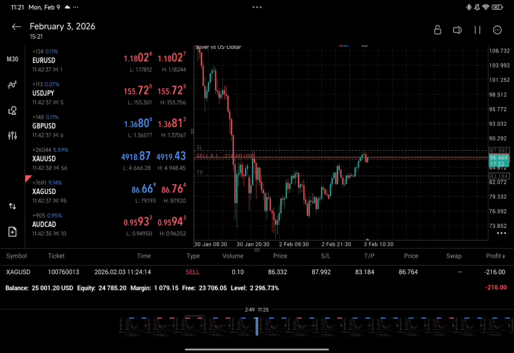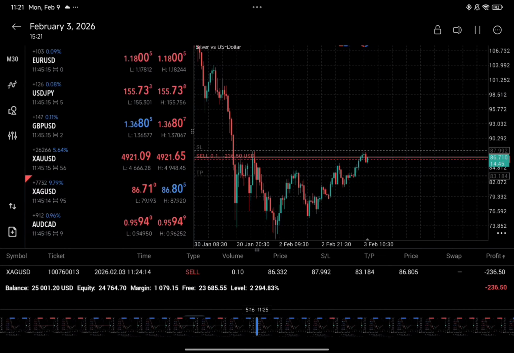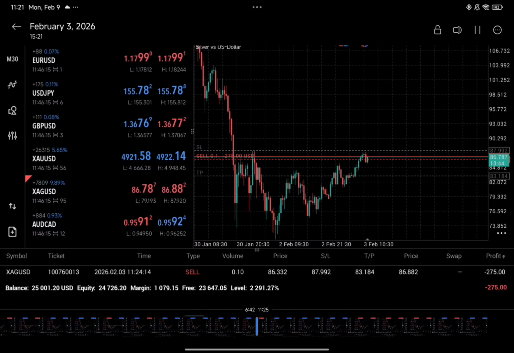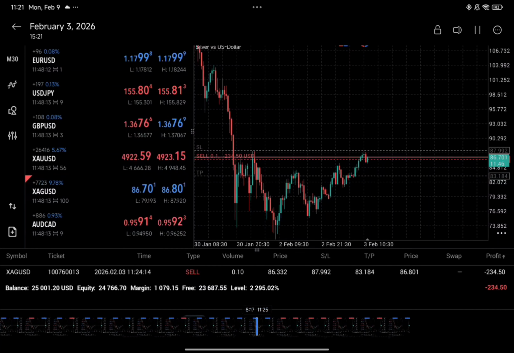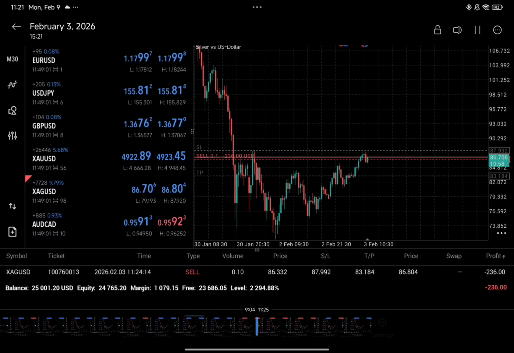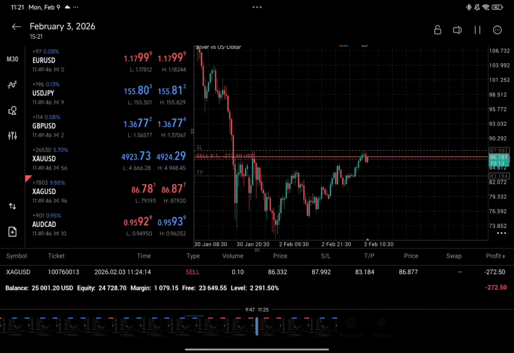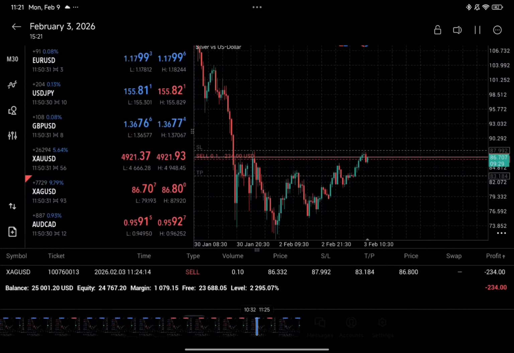As you can see here, we moved into drawdown, and I'm just speeding up the video so that not much of your time is wasted. I had a pretty small stop loss, but compared to $25,000, it's still a big stop loss.